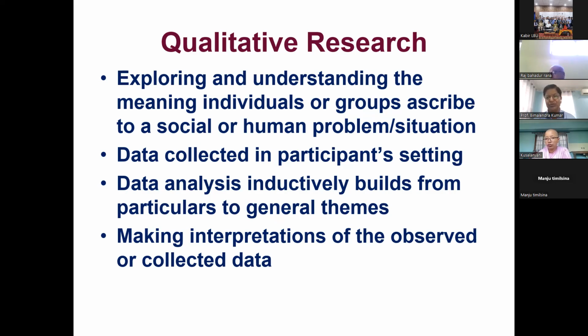We have already seen how, when, and what things are happening in our day-to-day life, how events are taking place, how the relations among nature, humans, and the environment are taking place, and how the social environment or social behavior of society is related with each other. This type of research is explored through qualitative research.